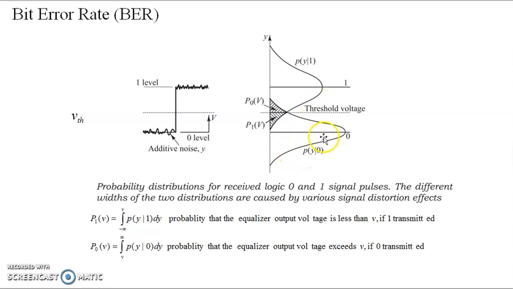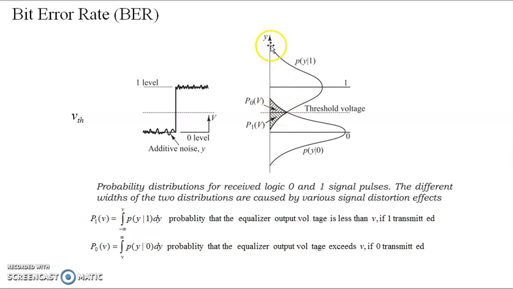But what happens when we are sending the 0? This region is below the threshold voltage. But sometimes we receive a voltage above this threshold voltage. This portion is when we are sending the 0, but getting an output voltage above the threshold voltage, and that is the probability of 0.